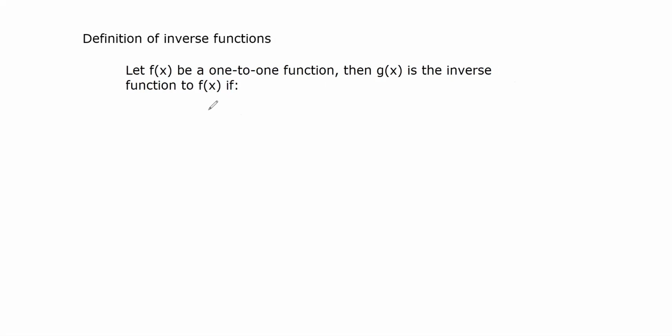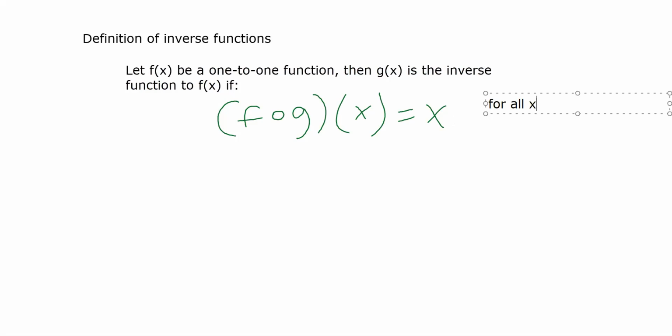So if you use function composition, if I plug g of x into f of x and it produces just x, it's as if I had just plugged a number in and it produced itself. I'll put this here, but we're not going to harp too much on this detail.